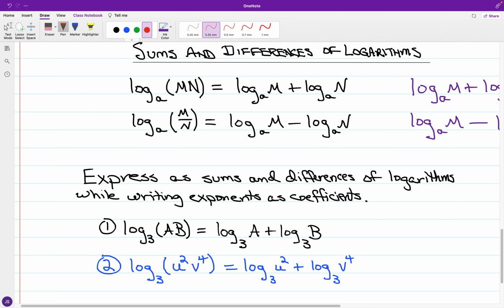Okay, and so for writing exponents as coefficients, before, a and b were just first degree, so there was no conversion of exponents to coefficients.